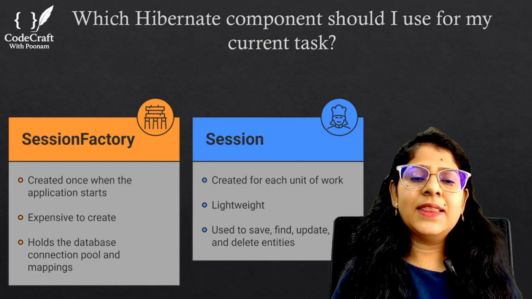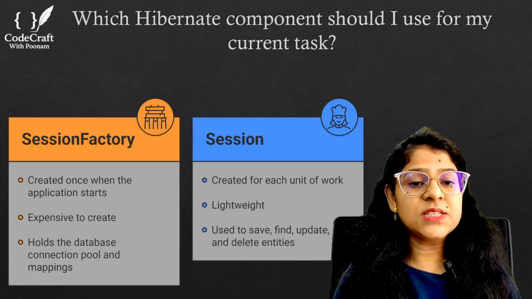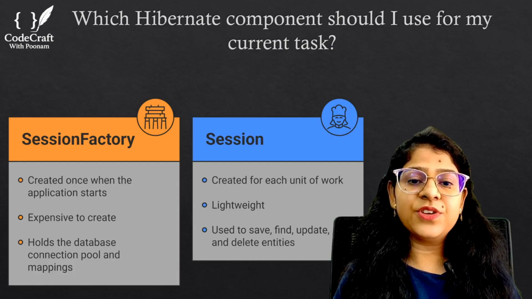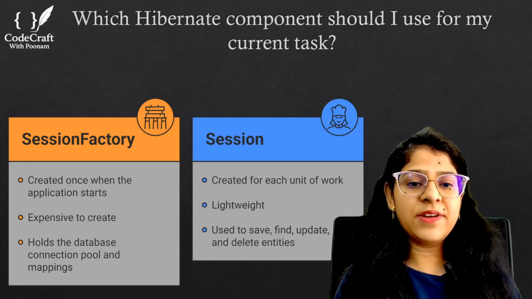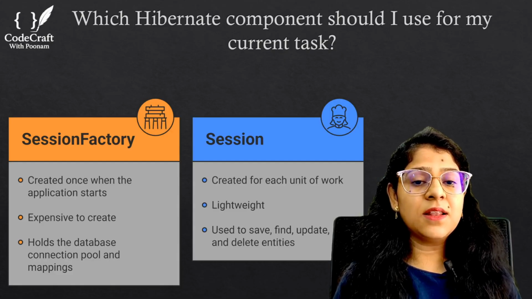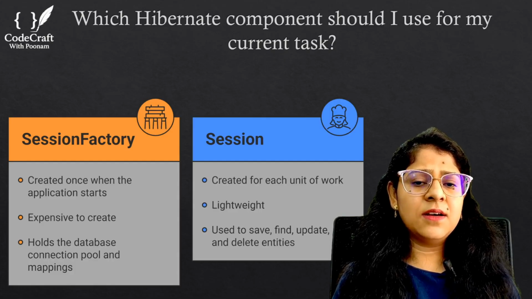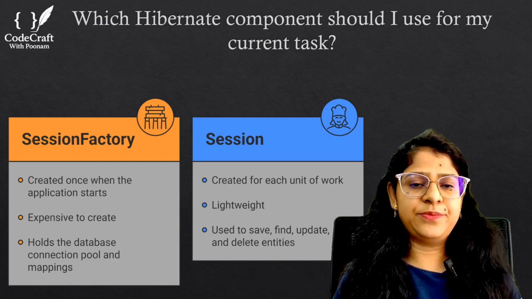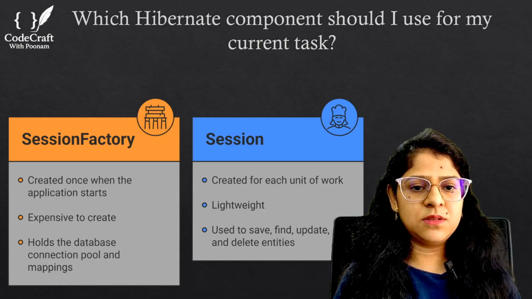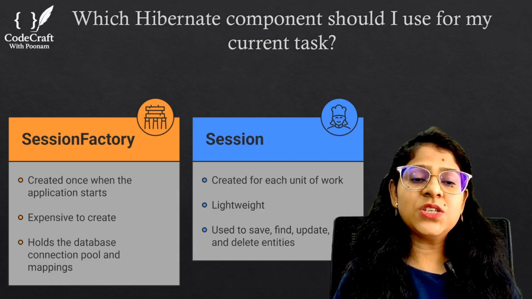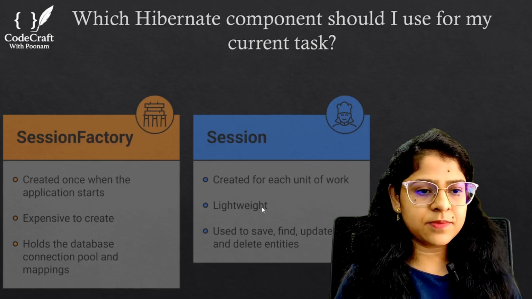And then coming to Session. Session is created for each unit of work, that is one operation or one transaction. It is lightweight and short-lived. Think of it as one chef shift: it opens, does the work, and then closes. This session is used to save, find, update, and delete entities.